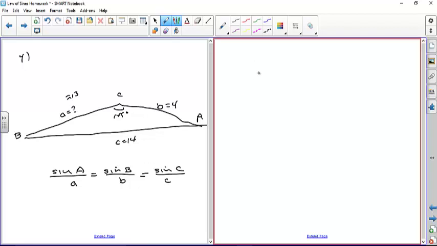So let's use these two. So we get the sine of angle B, which we don't know, divided by length B, which is 4. In this case, I'm not going to solve for it first. I'm going to plug the numbers in. So you get the sine of angle B over 4 is equal to the sine of 145 degrees divided by 14. So if you solve for the sine of B, it's going to be equal to the sine of 145 times 4 divided by 14.